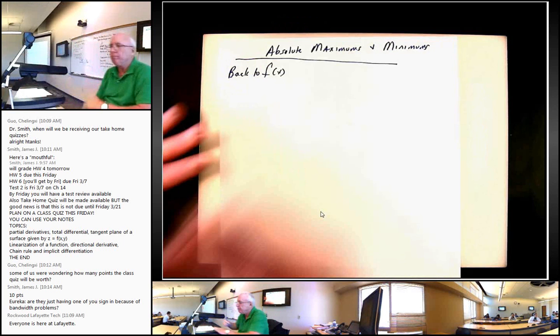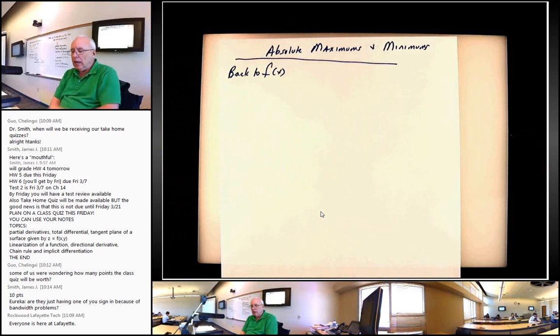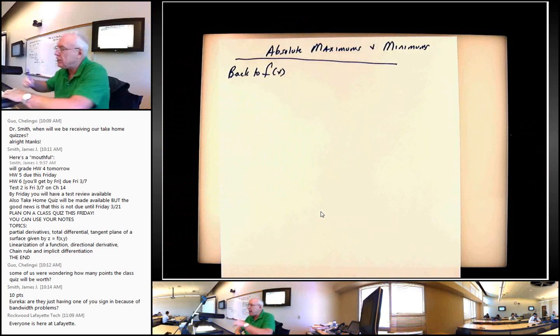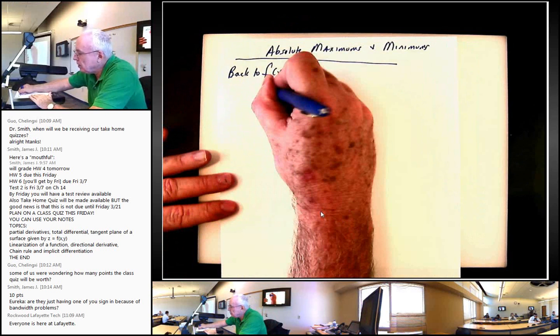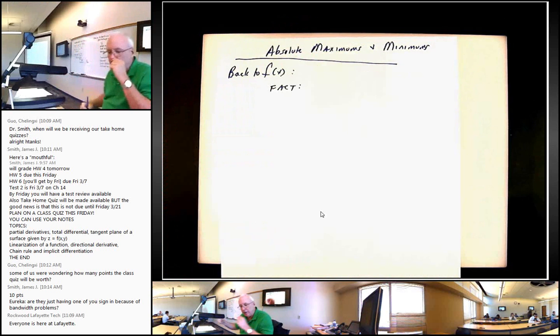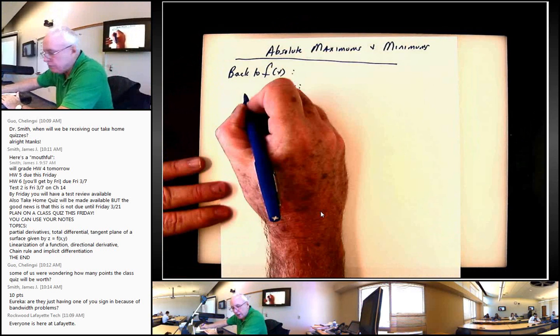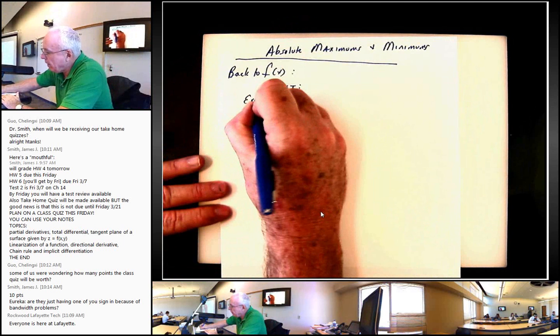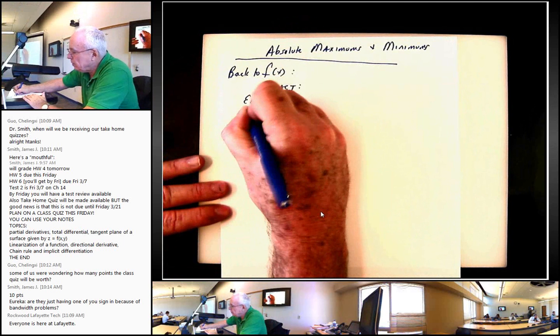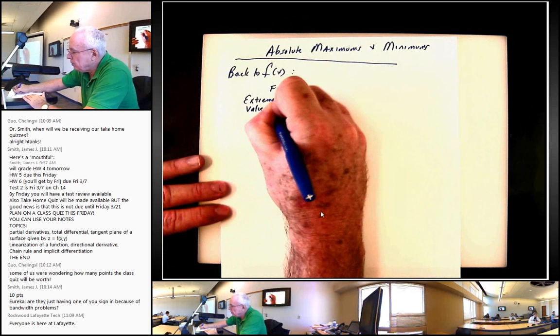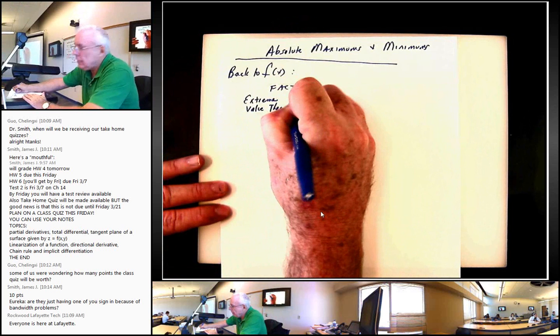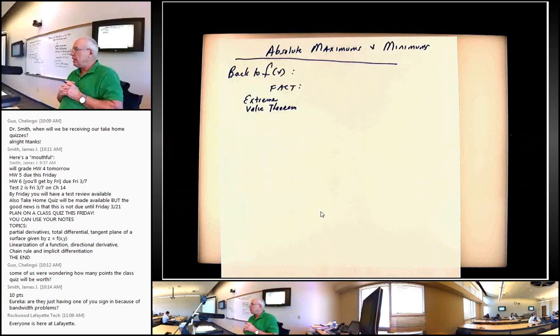All right. Now, we have this fact from a function of one variable. It's actually the extreme value theorem. It should have been covered as part of Calc 1. So this is the deal here.